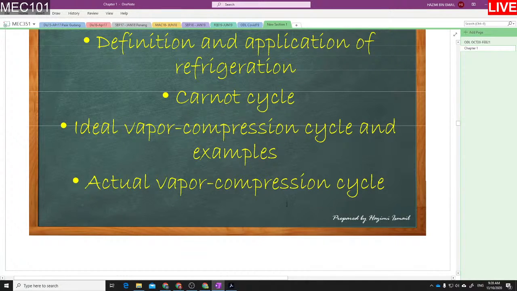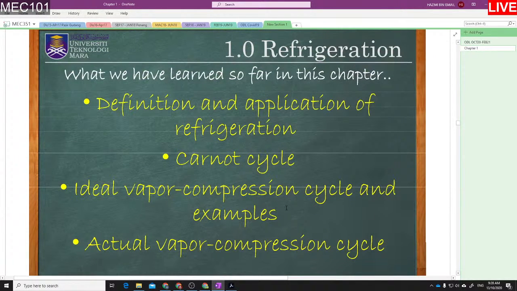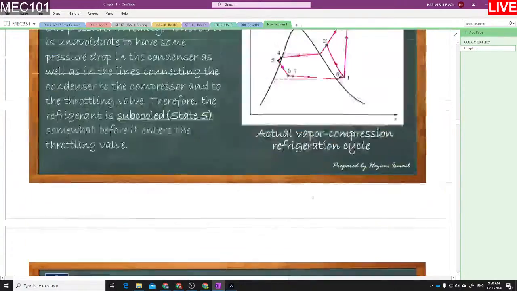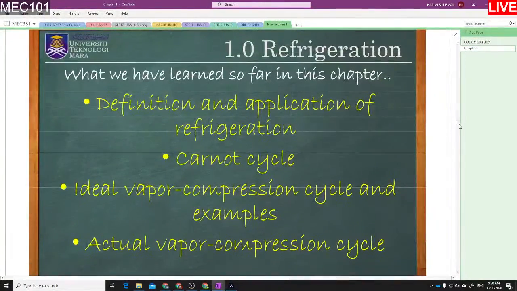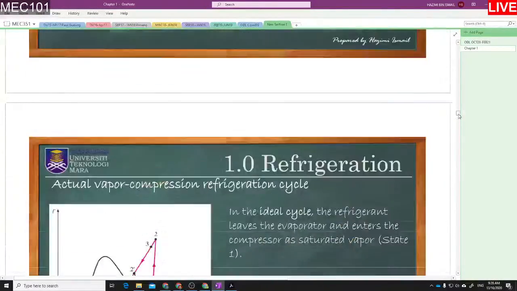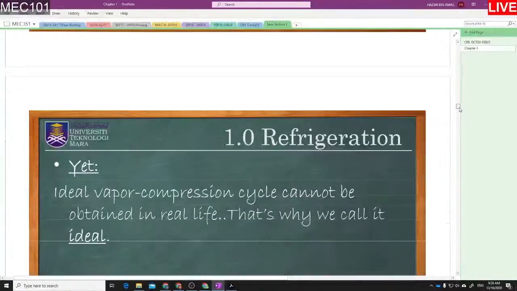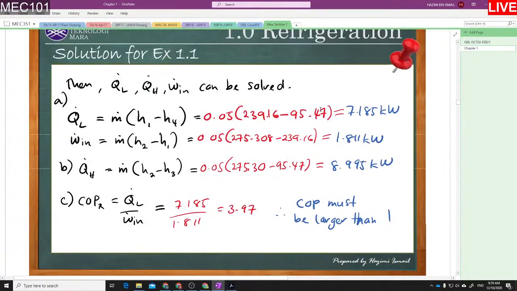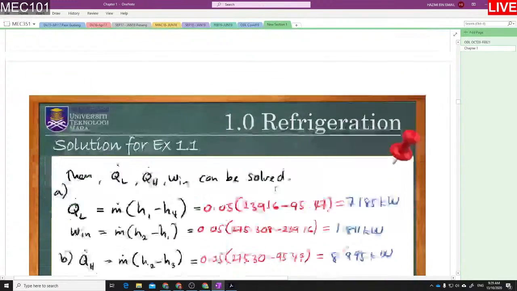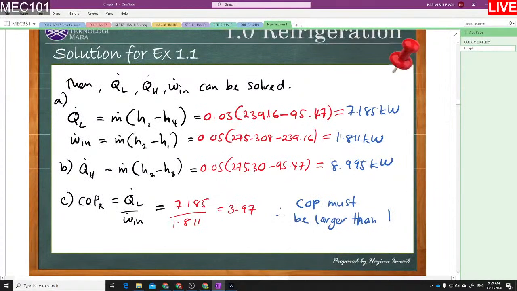Okay, so sekarang ni calculation yang hari ni yang sepatutnya awak belajar adalah example of ideal. So make sure awak cuba buat. Saya dah letak semua pengiraan dalam slide ni, so make sure awak buat, ikut macam mana nak dapatkan jawapan yang saya tunjuk dalam ni. Boleh? So that is all the answers. Make sure you try and get those answers.